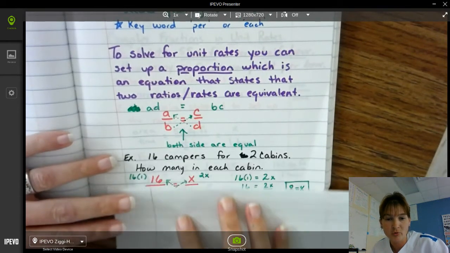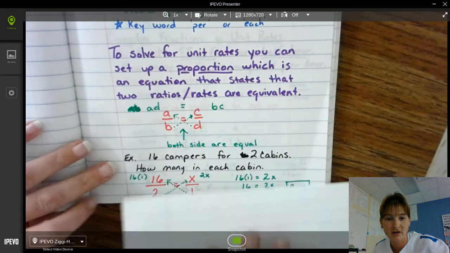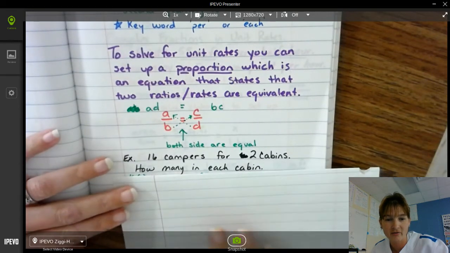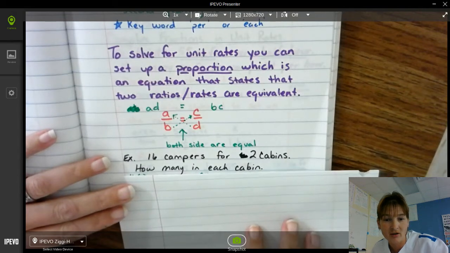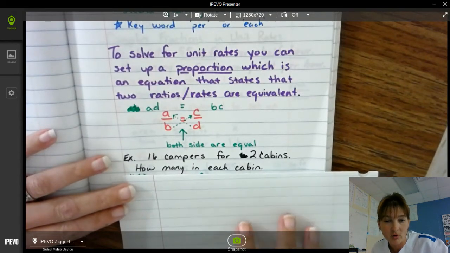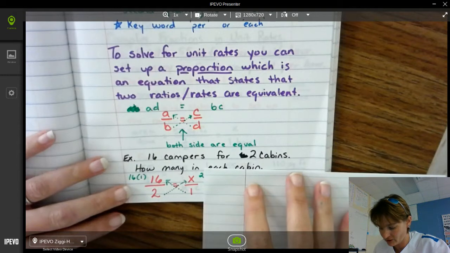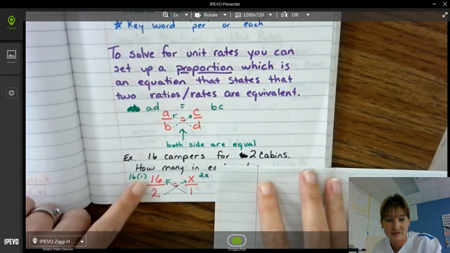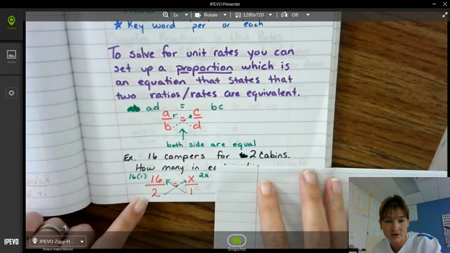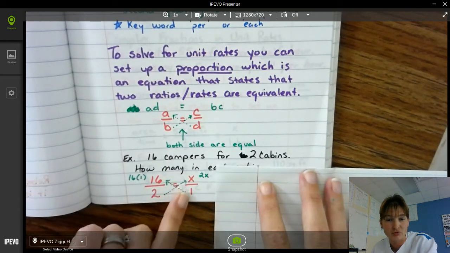Here is an example that we can look at. If there are 16 campers for 2 cabins, how many are in each cabin? Well, when you set up your proportion, you have 16 to 2, or 16 for 2 cabins. We want to know how much are in each one.